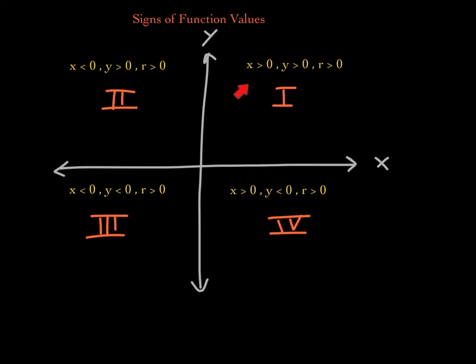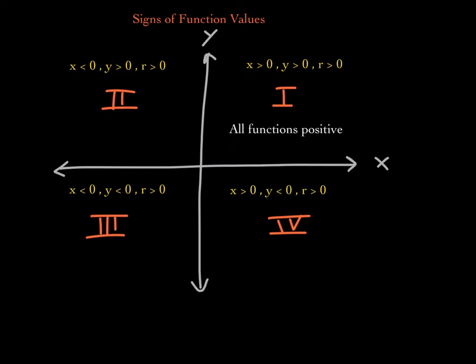So if x, y, and r are all positive, that means all 6 trig function values are positive for any angle whose terminal side lies in quadrant 1. I'll say that again. All 6 trig function values are positive for any angle whose terminal side lies in quadrant 1.